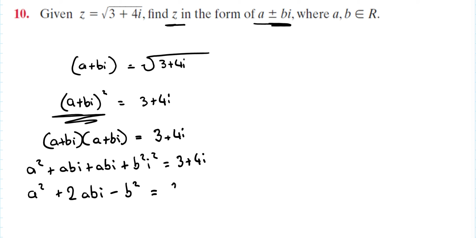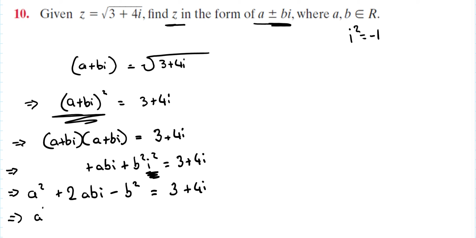Where's that minus b squared coming from? It's coming from the fact that i squared is equal to minus 1. So we're going a squared minus b squared plus 2abi is equal to 3 plus 4i.